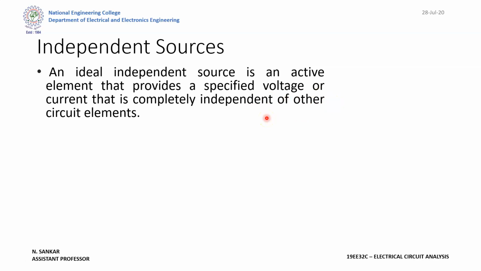For example, we have a 230 volt supply to our home. If you take a single phase supply, 230 volt is our input supply. Whatever the load may be, a fridge, a normal TV, or a small LED bulb, the supply voltage will always be constant. That is called an independent voltage source.